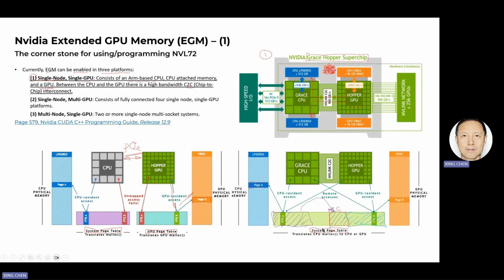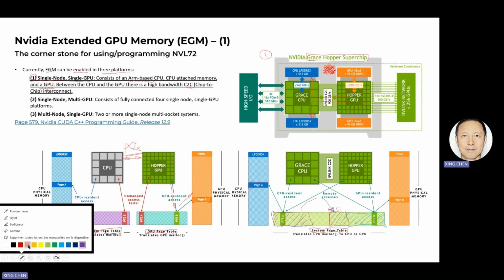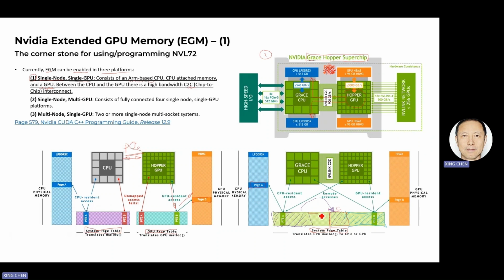Okay, the same is going to happen with this CPU. The CPU is going to have a cache, and in this cache, what you have is the page table entries, a cache of the page table entries that comes from the GPU page table.